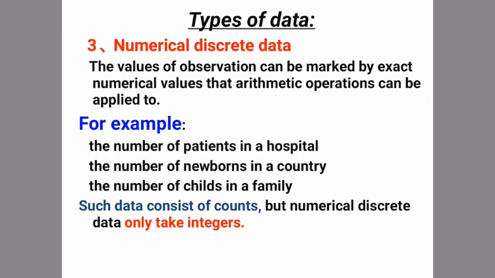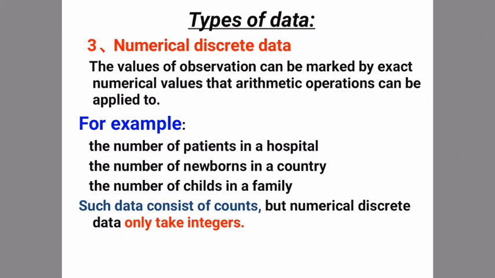For numerical discrete data, the value of observations is marked by an exact numerical value, but such a value can only take integers. It is impossible to take a value with decimals. For example, the number of teeth of babies.